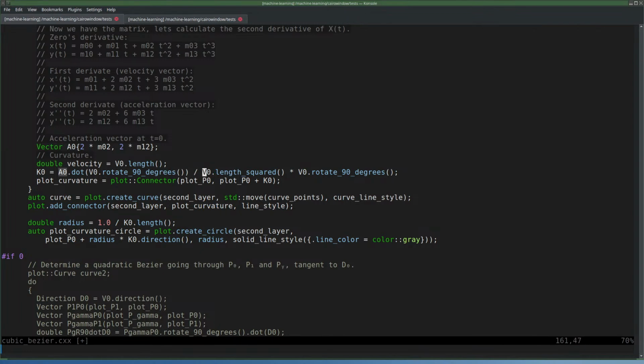And then we have to multiply that with this divided by the length. Damn, man.